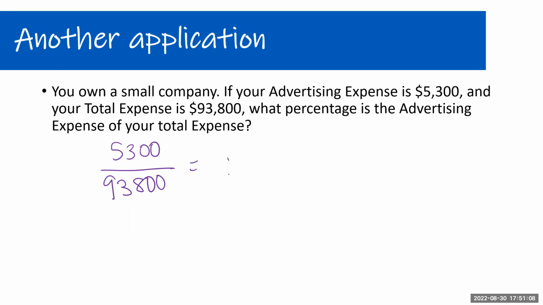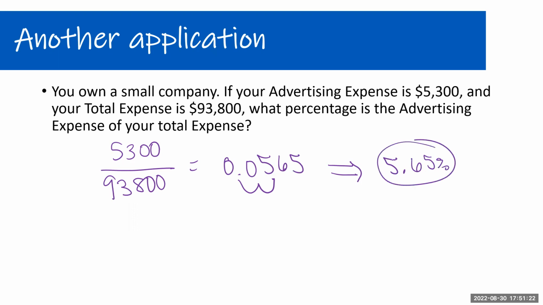Put this into decimal form and get 0.0565. We're not done. That's just the decimal. We need the percent. So this is going to be 5.65%. So 5.65% of your money was spent on advertising.